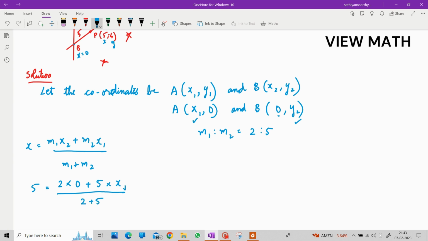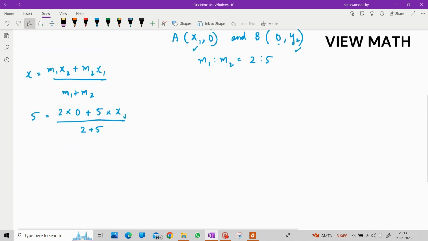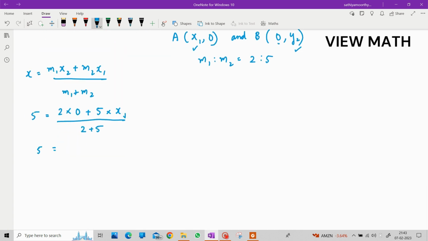Now let me simplify this. 5 is equal to 2 into 0 is 0, so I'll be getting 5x1 by 7. Now 5 and 5 get cancelled. So the 7 goes to the other side. Therefore x1 is equal to 7.